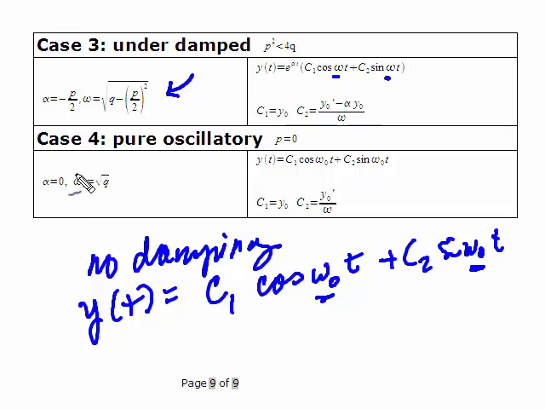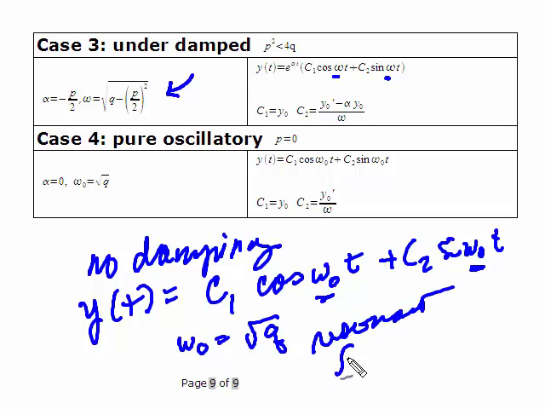If you notice, this omega naught is the square root of Q. This is called the resonant frequency. Obviously you're never going to hit it because there's always damping in the world, but this is the resonant frequency for the harmonic oscillator, and all it is is the square root of Q.